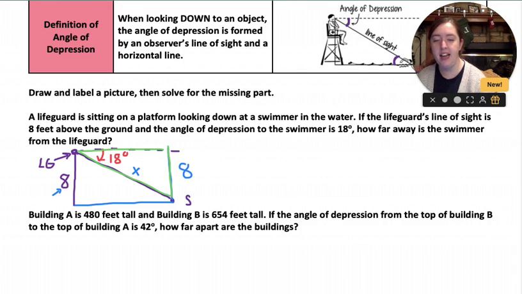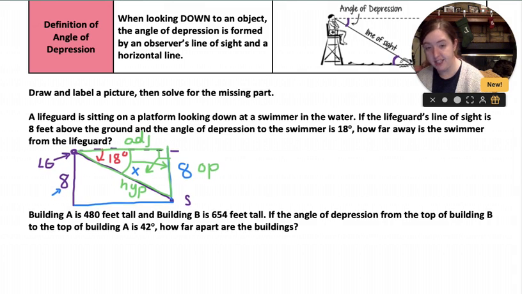I'm given an angle, so I need to use trig. Across from my angle is the opposite side, and across from the right angle is the hypotenuse. The side that's left over is the adjacent. Adjacent isn't labeled, so we're just looking at opposite and hypotenuse.